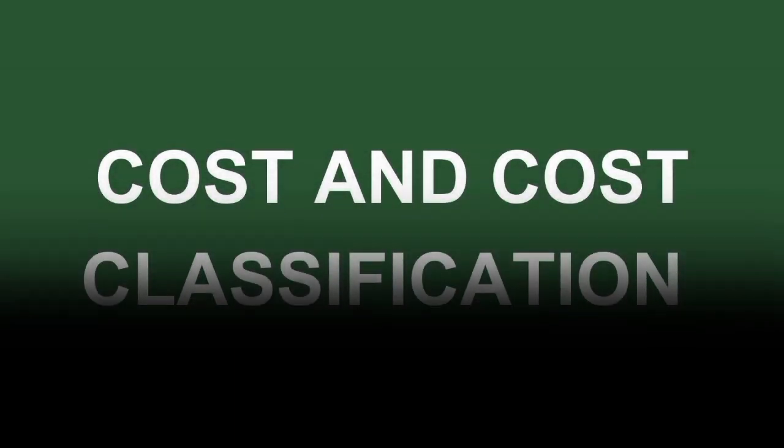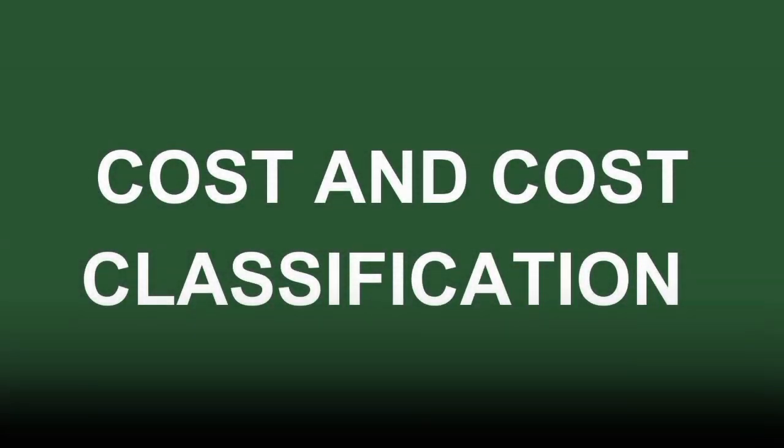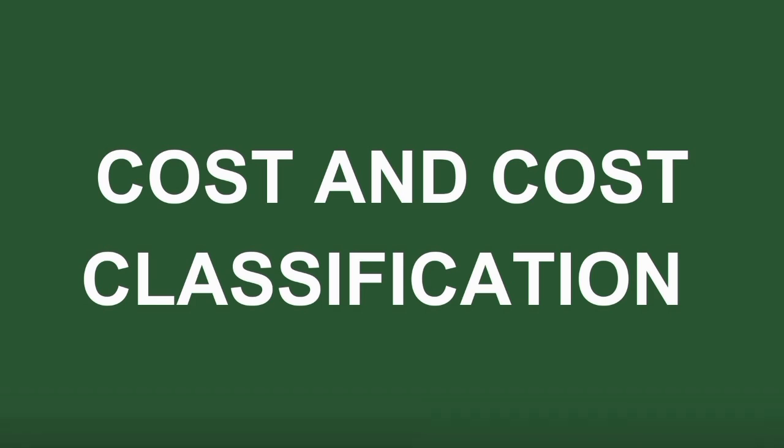In this presentation, we will discuss cost and cost classification, cost as it relates to a product-based business. Cost is simply the total amount of money spent on processing a product or manufacturing a product for business purpose.